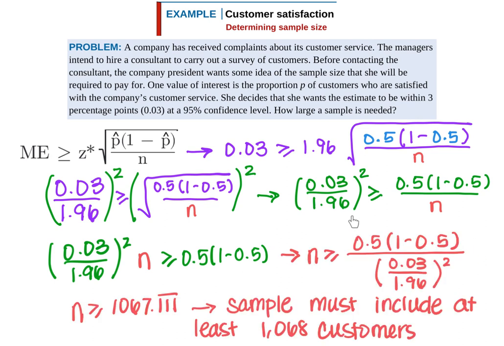So n is greater than or equal to this whole thing. And when you simplify it all down, you get n is greater than or equal to 1067.111 repeating. So round that up because we can't have 1/9 of a person, not legally. So the sample must include at least 1,068 customers.